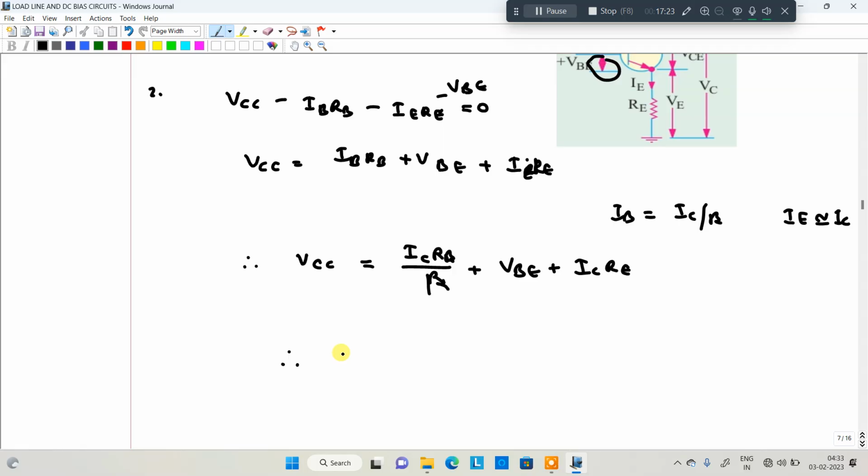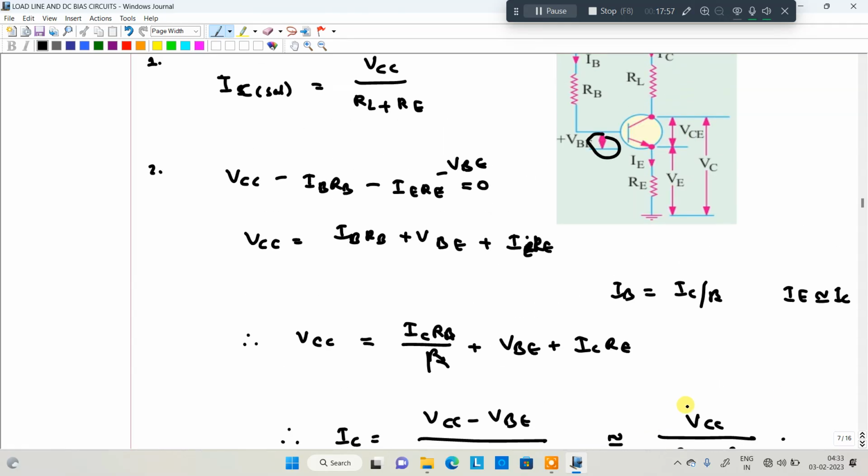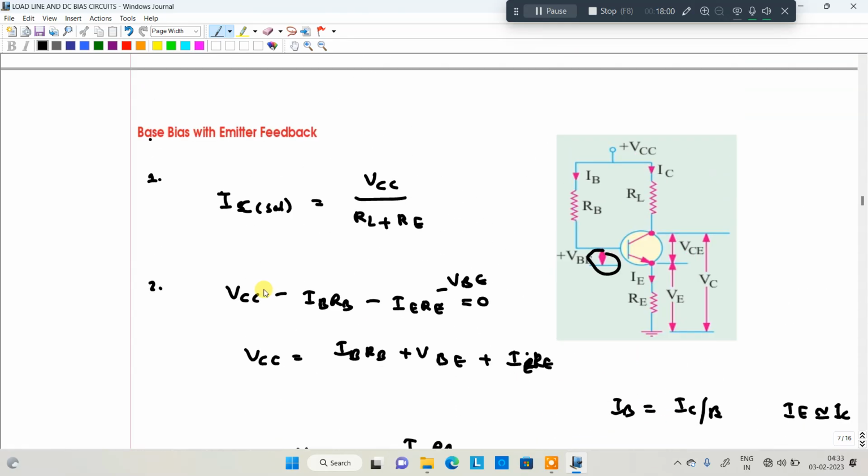Therefore IC is equal to VCC minus VBE divided by RE plus RB by beta, approximately VCC divided by RE plus RB by beta. This is the actual procedure to find the formula, but it is not required.